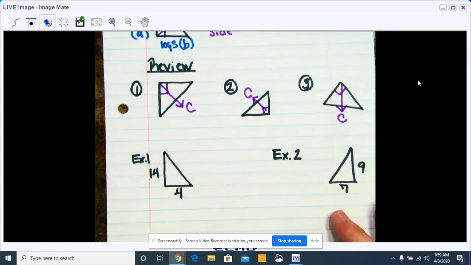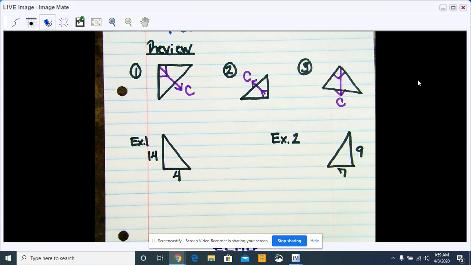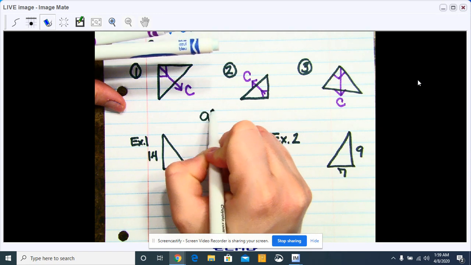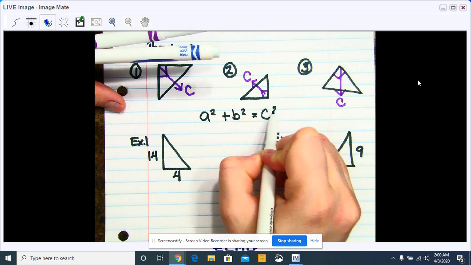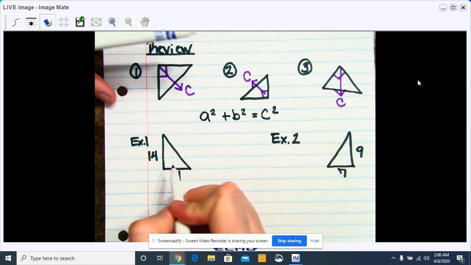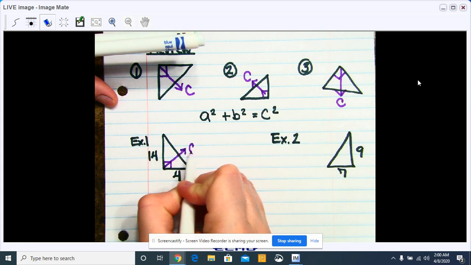Okay, now we're going to dive into when a side length is missing, we're going to have to find it using Pythagorean theorem. And again, Pythagorean theorem is a squared plus b squared equals c squared. As you first identify your right angle, you will notice that in example number 1, C is missing.